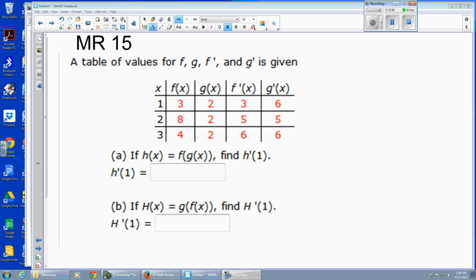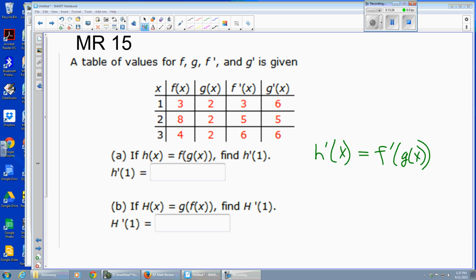So what that's going to give us, let's see, h prime of x would equal f prime of g of x, because we take the derivative of the outer function, and then we need to also incorporate here the derivative of the inner function. So this is times g prime of x. Right?